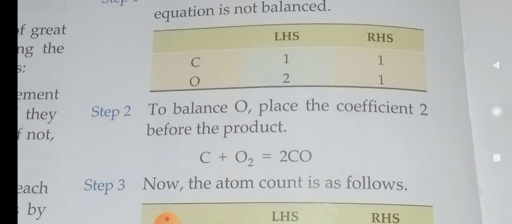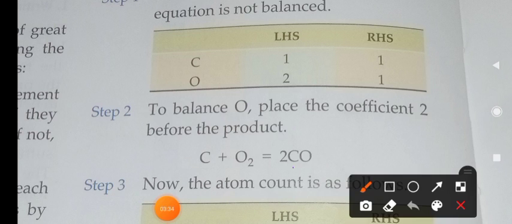To balance the oxygen, place the coefficient 2 before the product. What is the product for us? CO, carbon monoxide, is the product. You can't change the formula; the CO formula we can't change. So we can add a coefficient to the compound.